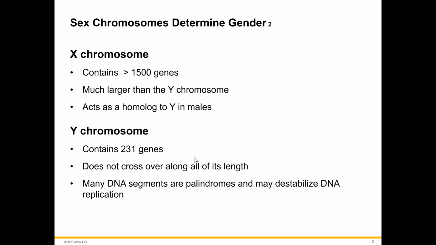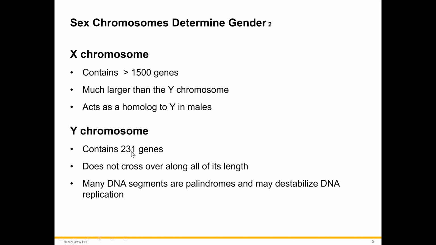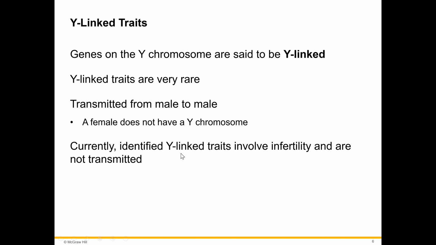So that's how X and Y chromosomes are different. Now, we do have genes, right? 231 genes on the Y chromosome. Even though some of these genes cannot be translated into proteins, we still have genes.